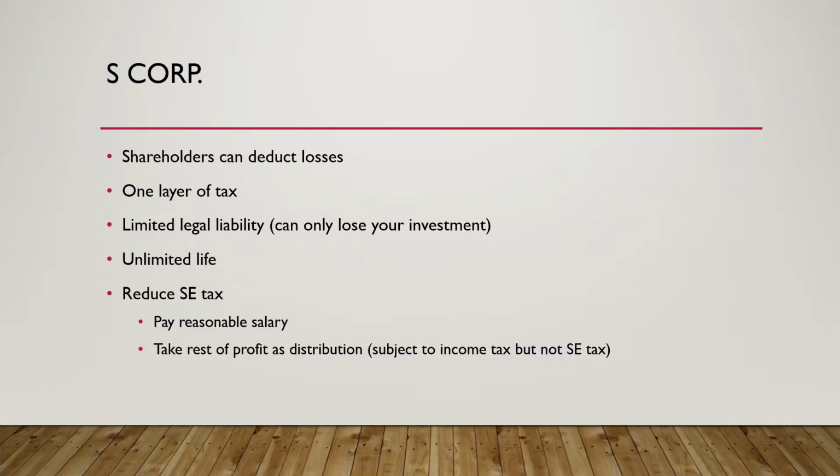Going back to one slide here, some of the advantages of an S Corp are, again, we have one layer of tax. An S corporation, just like a partnership, all the losses and the profits flow through to the individual owners. In this case, we call them shareholders. An advantage in an S Corp and a C Corp is that there is limited legal liability. We'll talk a little bit more about exactly what that means.